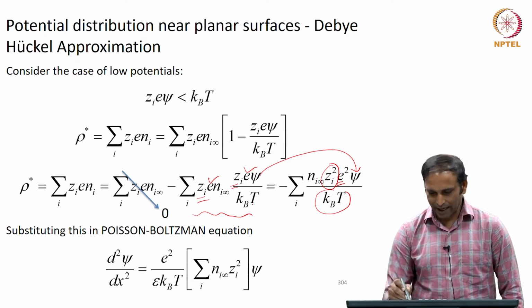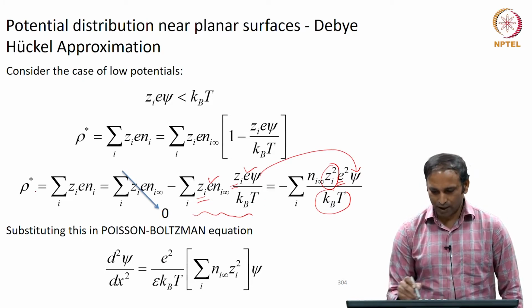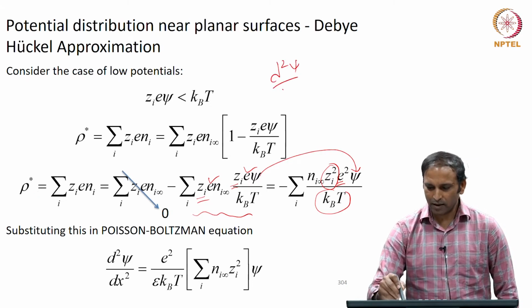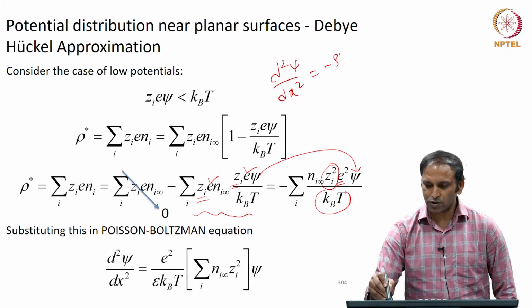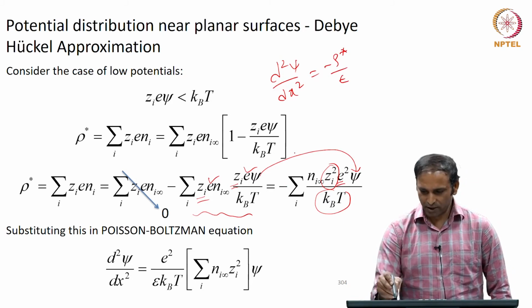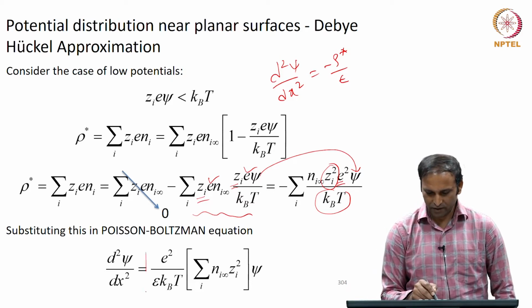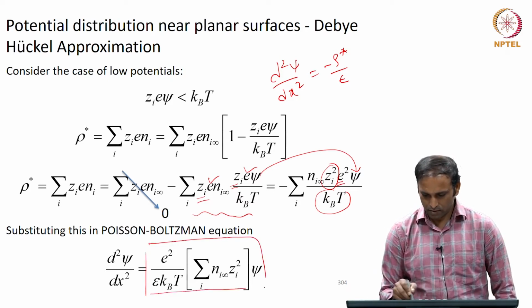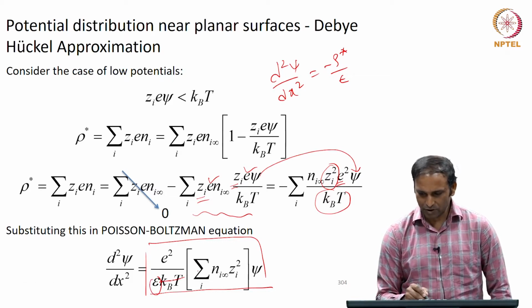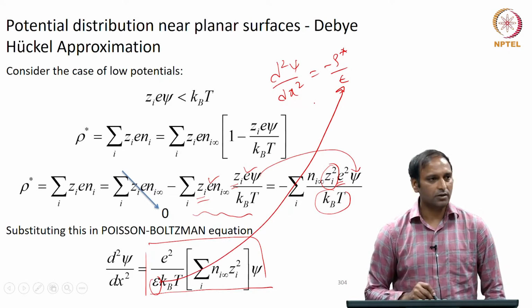Because I had d square psi by dx square equal to minus rho star divided by epsilon, the minus gets cancelled and another epsilon comes in from the denominator.